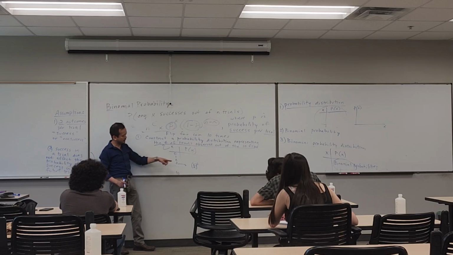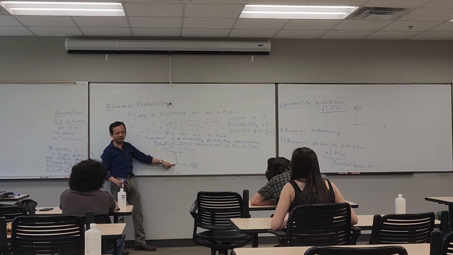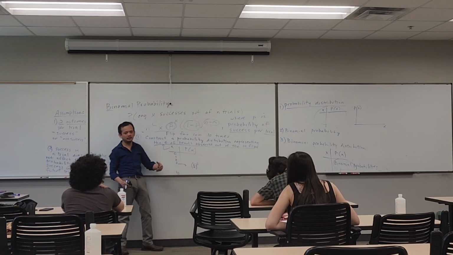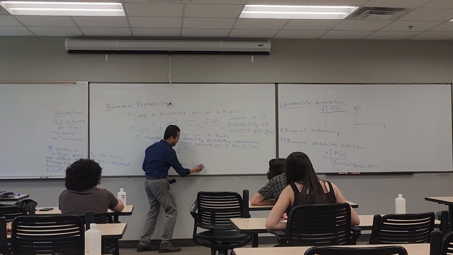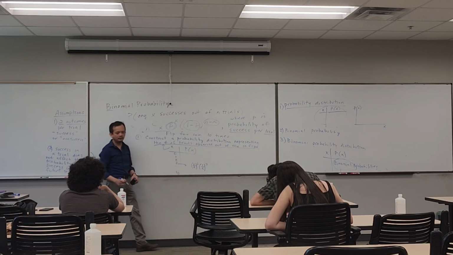Well, you know there has to be another component, because if you want 3 heads out of 10 flips, that means you must have how many tails out of 10 flips? That means you must have 7 tails. So now you have to multiply by the probability of tails. And the probability of getting 1 tail is 1/2, and then multiply by itself 7 times. Are we done?